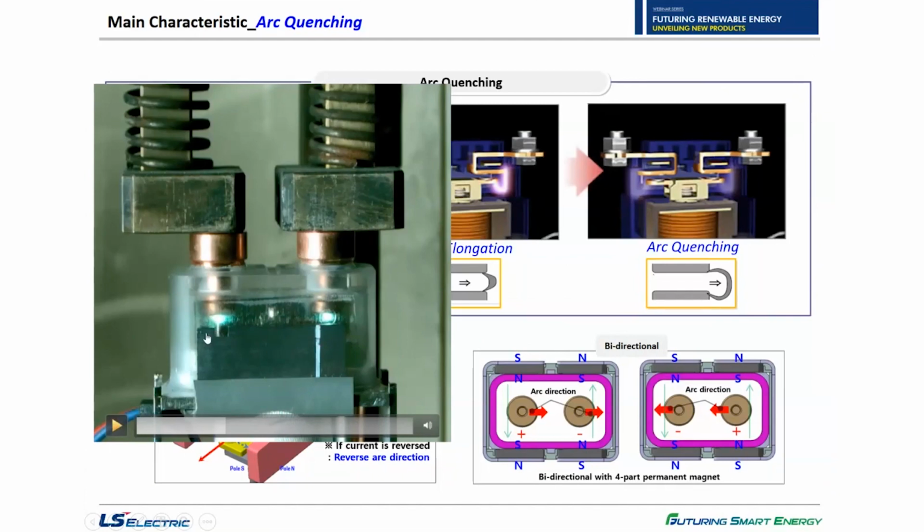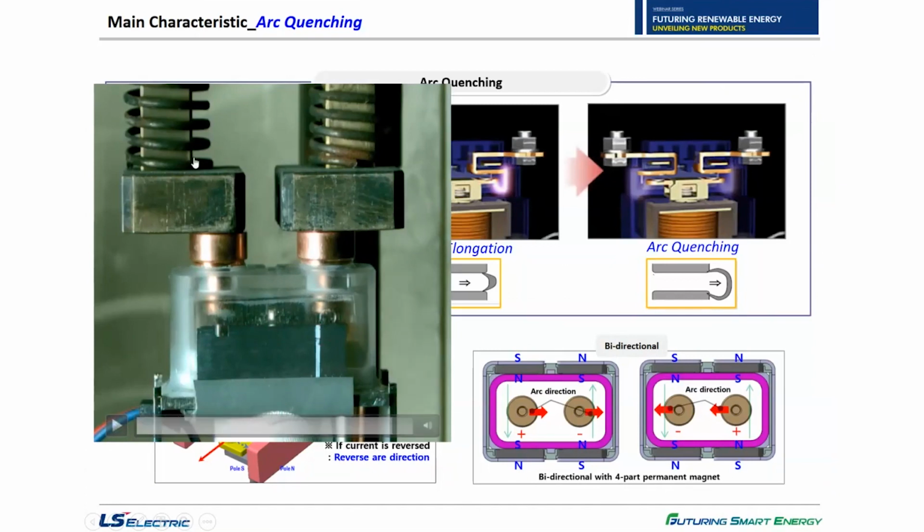There is a magnet and a sealed gas inside the chamber, so the arc is stretched toward the opposite side of each contact, which means arc extinction happens. So the arc is finally eliminated.